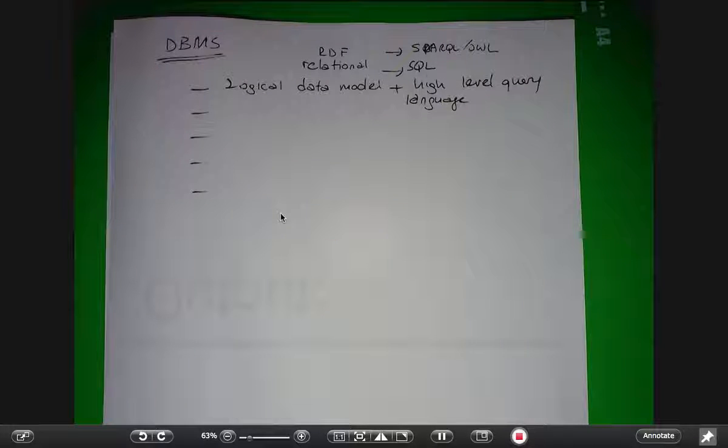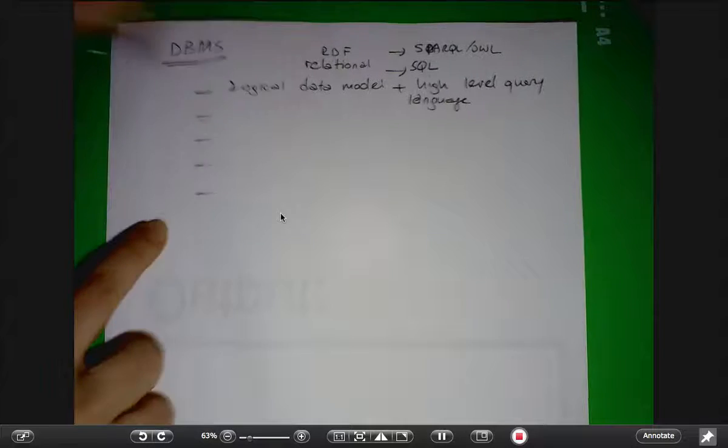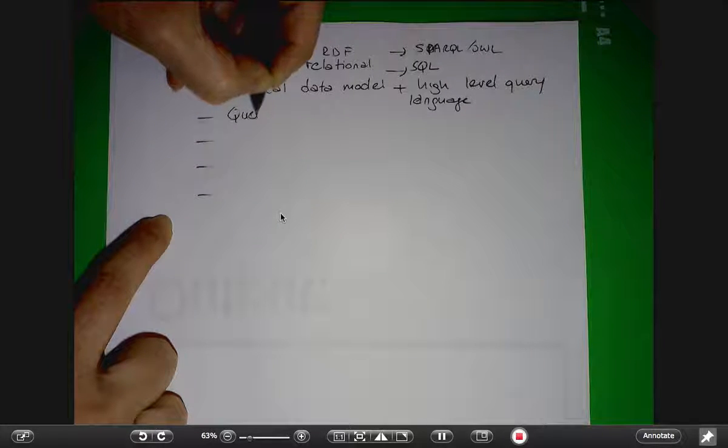But the problem is that depending on how you store the data, the best algorithm may change. And instead of me trying to figure out the best algorithm all the time, let the system figure that out on its own. This is a very interesting concept that is a cornerstone of databases, called query optimization.